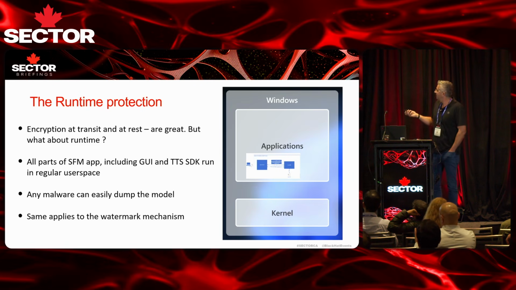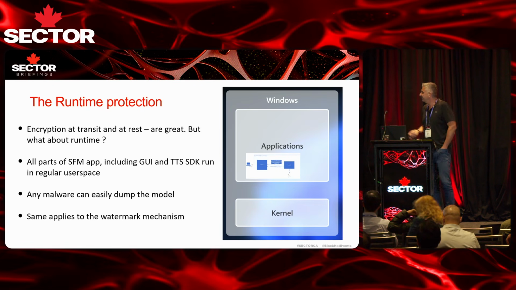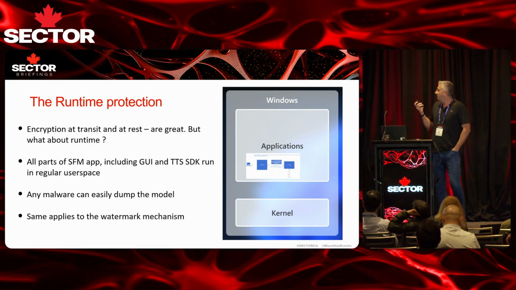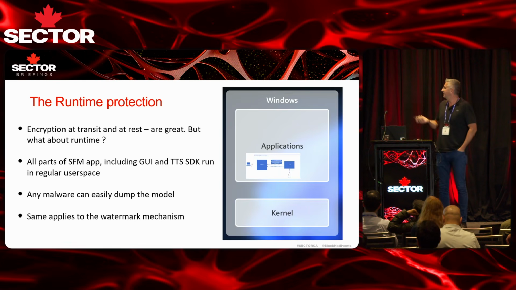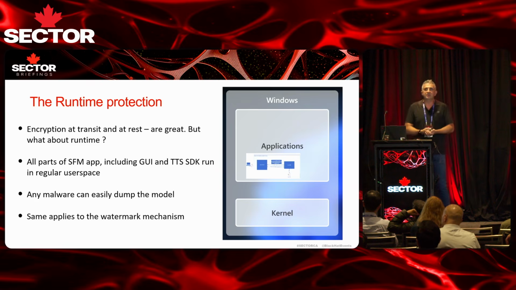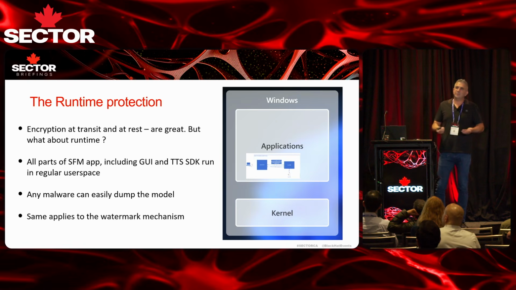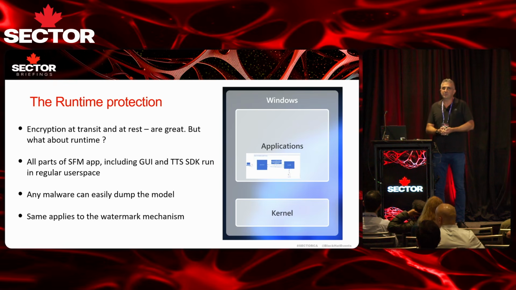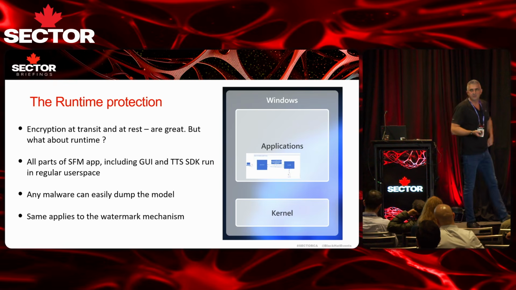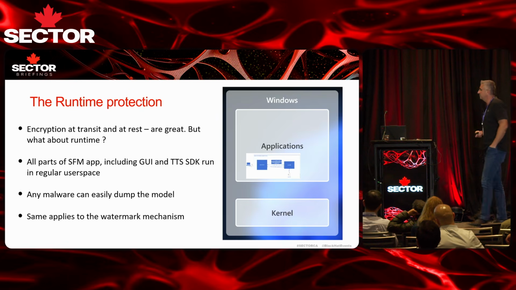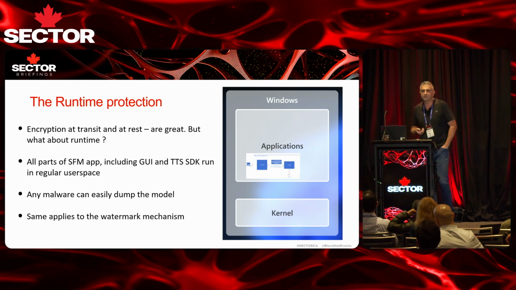One of the ways to raise the security bar would be to run parts of this application, or maybe the whole application, inside the kernel, or maybe as a special PPL process in Windows. And this could raise the bar a little bit. But let's be honest, with the abundance of privilege escalation vulnerabilities that get discovered every other day, of course, we fix them the moment we know about some privilege escalation vulnerability in Windows.